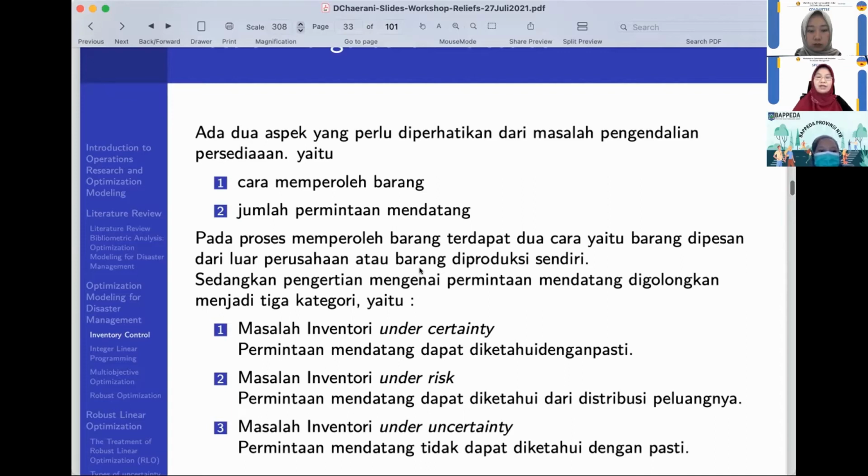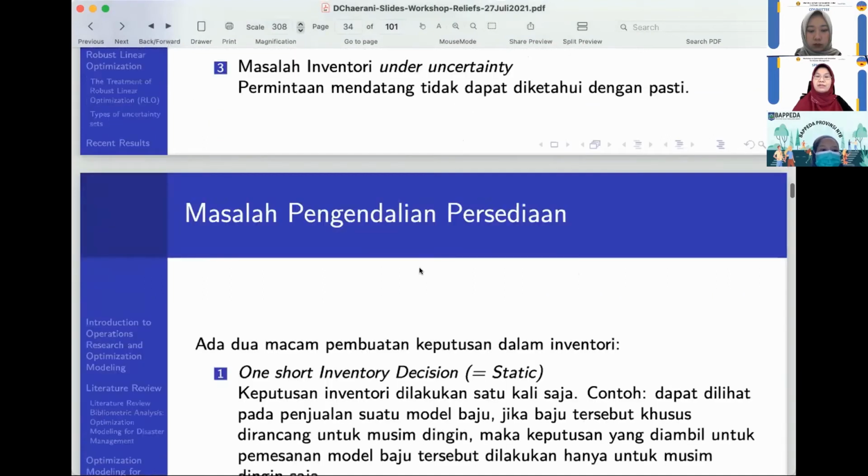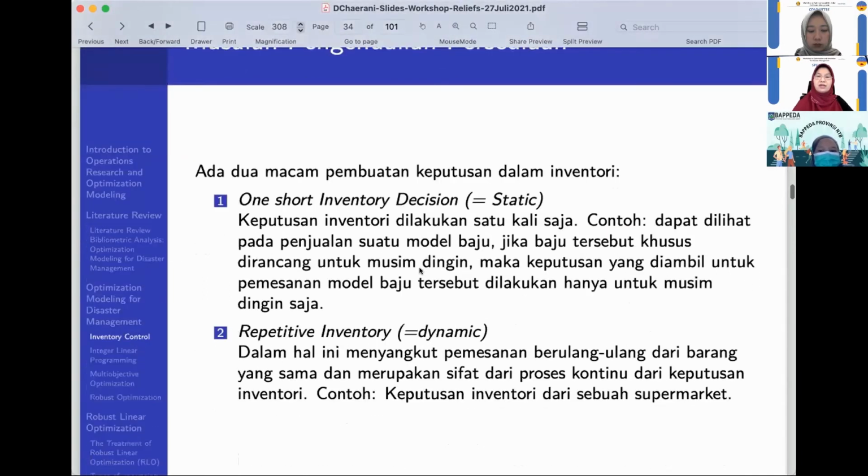Ada dua macam pengambilan keputusan: one shot inventory decision, static, dan repetitive inventory. Misalnya membeli baju mode untuk musim dingin, pemesanan dilakukan hanya untuk satu musim. Kalau repetitif seperti barang-barang konsumsi, harus dilakukan secara berulang.